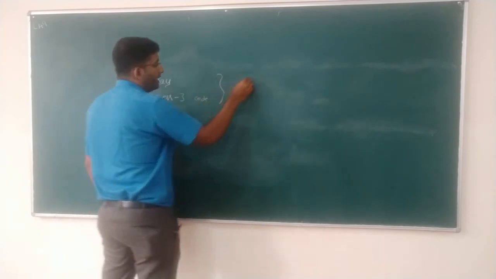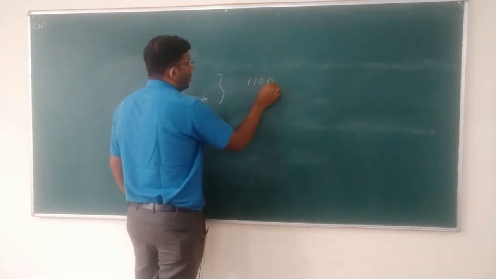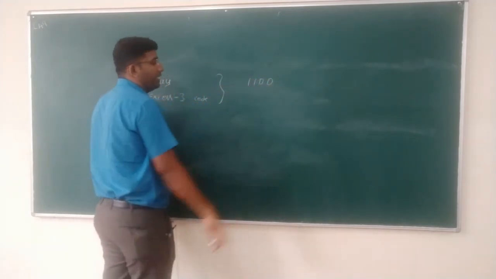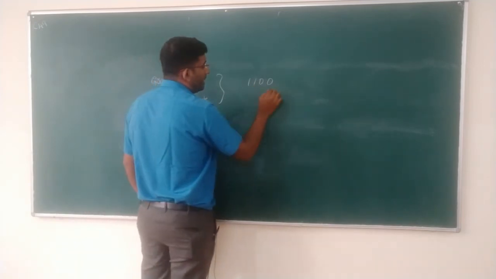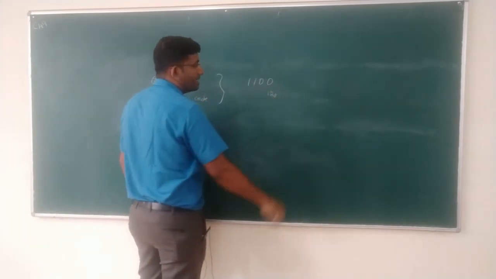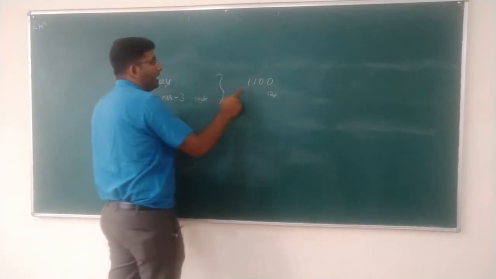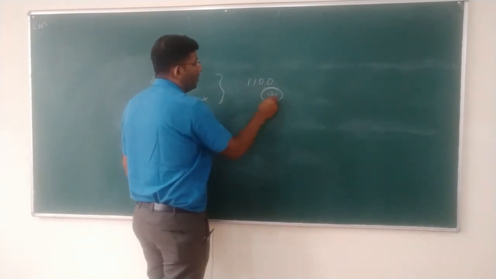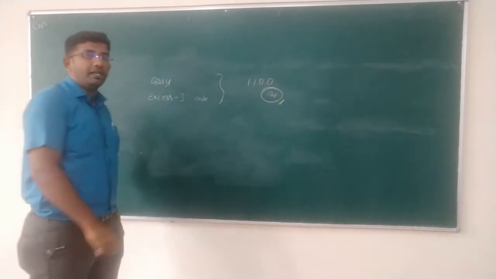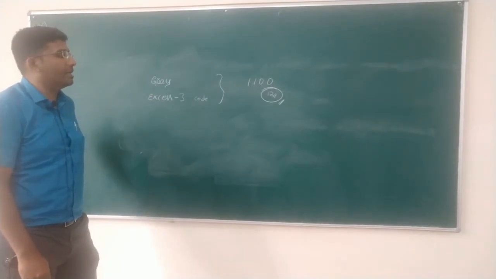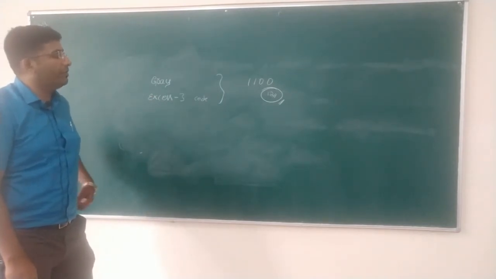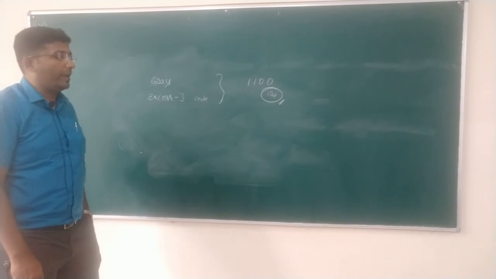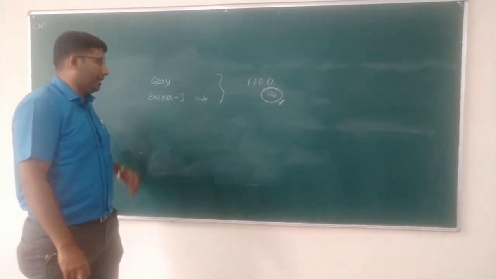If I am writing 1100, in a normal binary number we can say it is the value 12 in decimal, but in gray code it will not represent the value 12. It will be having a different number. For coding and decoding we are using gray, just to provide security for the data.